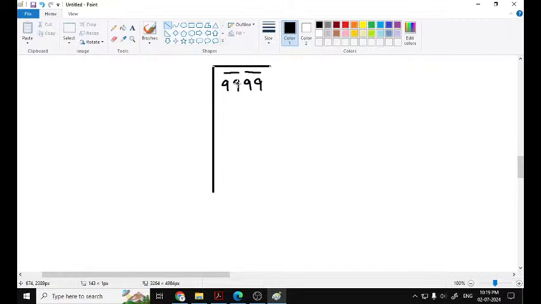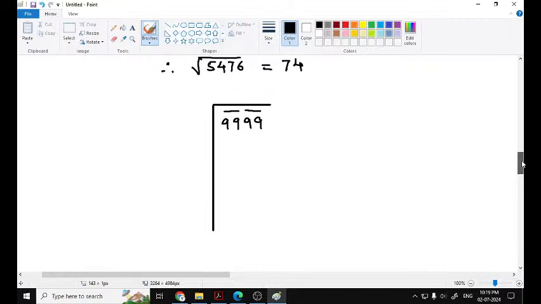99 is not a perfect square, but a number smaller than and closer to 99 is 81, that is 9 square. This is 18 and this multiplication is 81, so we get 18. Let us take the next period.